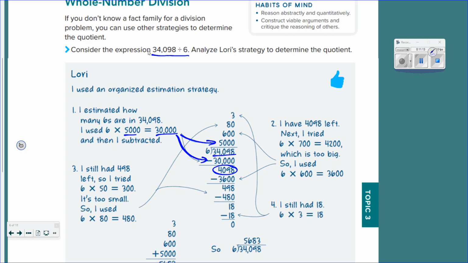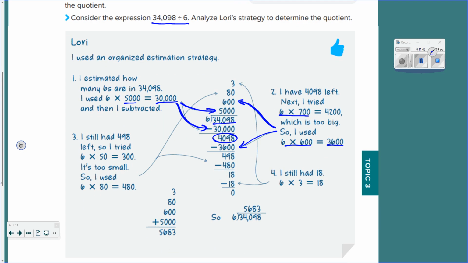Yeah. Okay. She then looked at that and said, okay, 6 times 700 is 4,200, that's too big. So I'm going to go down: 6 times 600 gives me 3,600, so that's the next number. She takes away the 3,600, puts the 600 on top to keep track of what she has done in her estimation so far, and subtracts 3,600 from 4,098 to get 498. With 498, she tried 6 times 50, got 300.